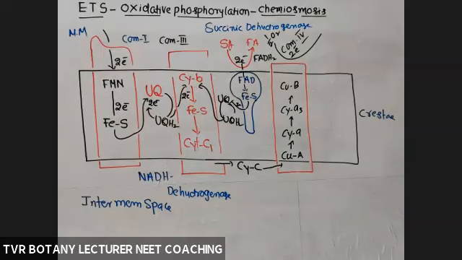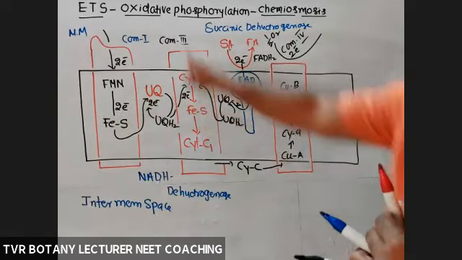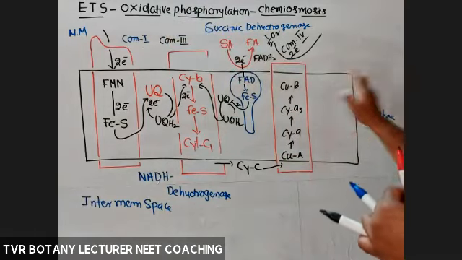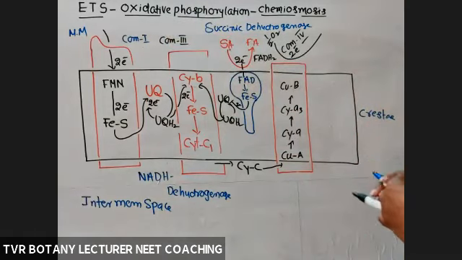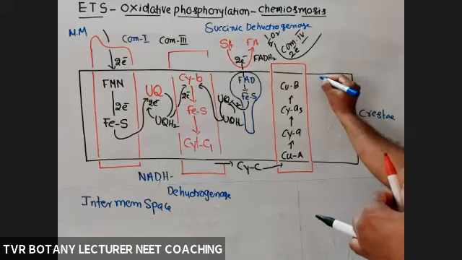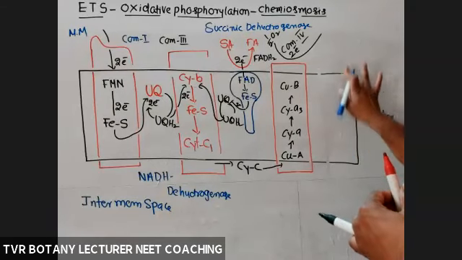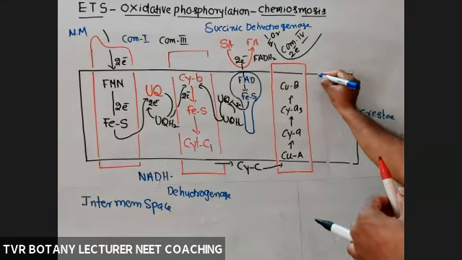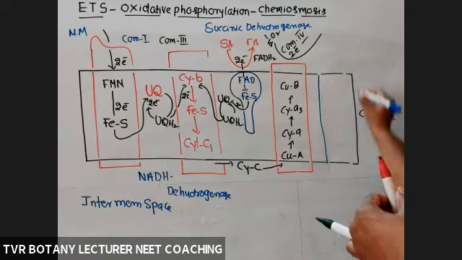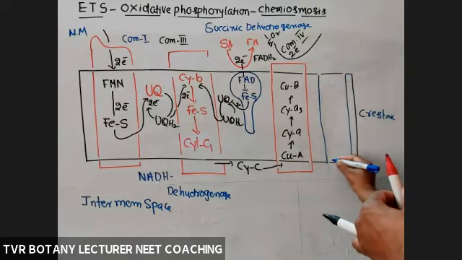So the electron transport system is completed. ETS completed. That accounts for oxidative phosphorylation. So the last complex required is well known to you. This complex is common for both: ATP synthase complex.